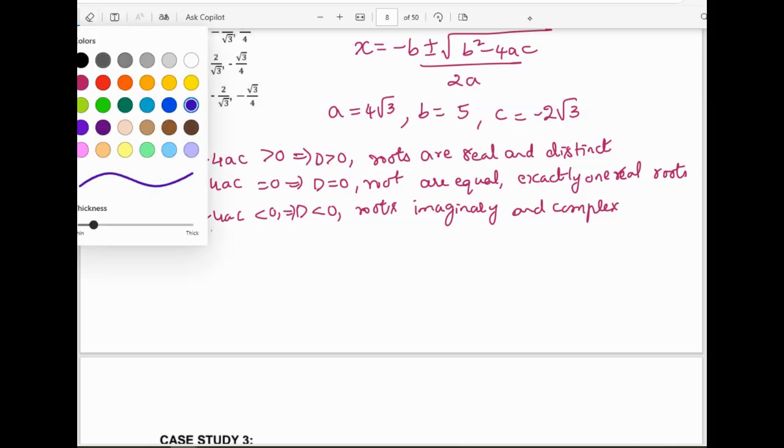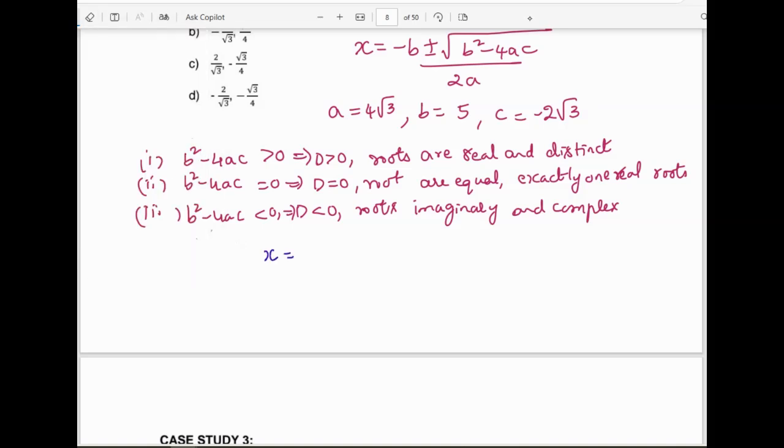So now we'll use the formula to simplify and get the answer. So we have x equals minus b is minus 5 plus or minus root of 5 square is 25 minus 4 into a is 4 root 3, then c is minus 2 root 3, divided by 2a, 2 into 4 root 3.